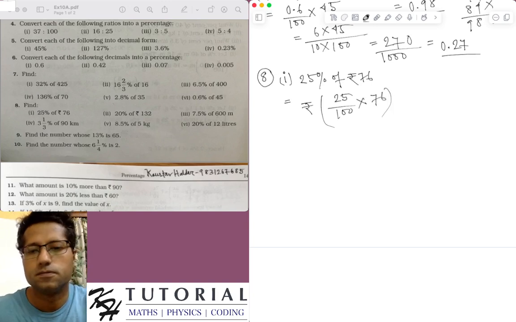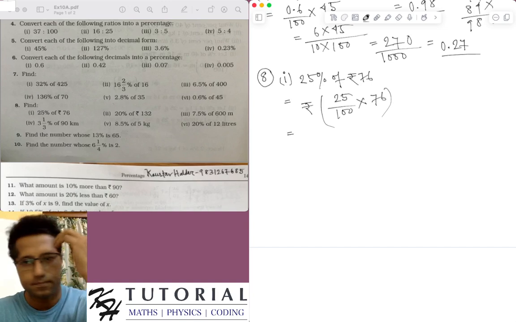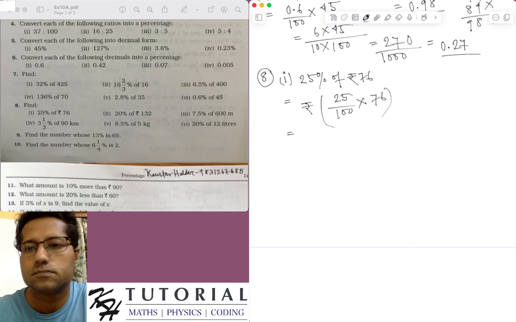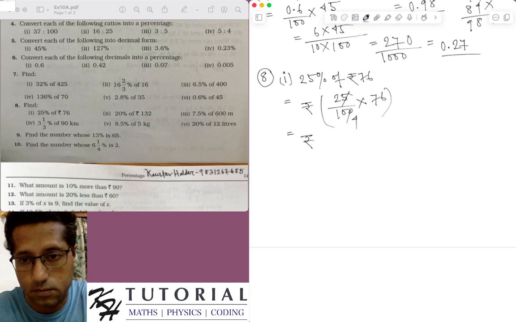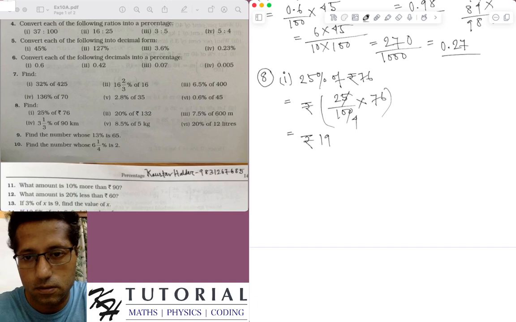This much rupees. Now if you simplify, this is 4, and 76 divided by 4 is 19. So rupees 19.